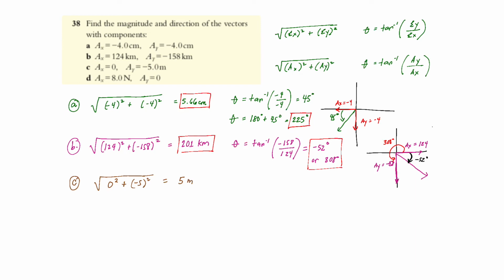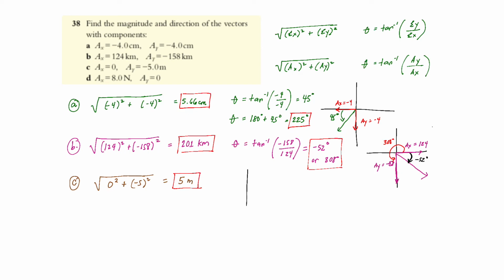But what is the angle? Take note, if we apply the arctan, it would be undefined, because negative 5 would be divided by 0. So what we can do is sketch the graph.